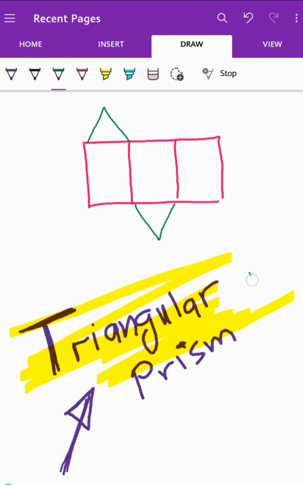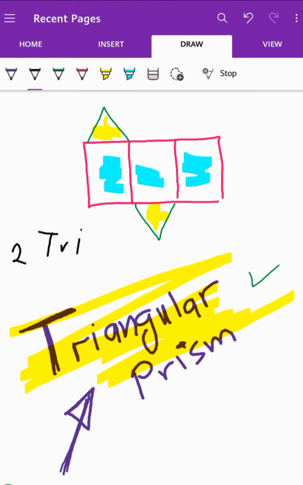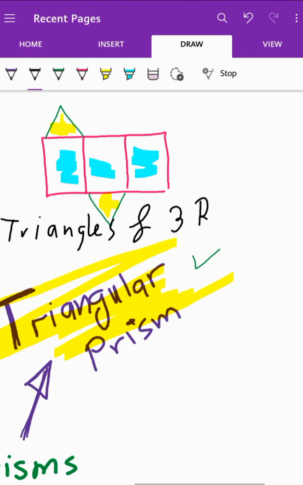Any triangular prism, 2 triangles and 3 rectangles. Okay, remember this: 2 triangles and 3 rectangles.